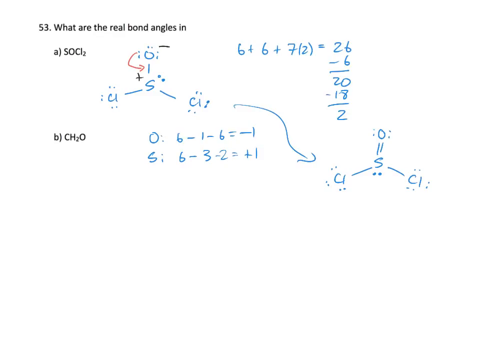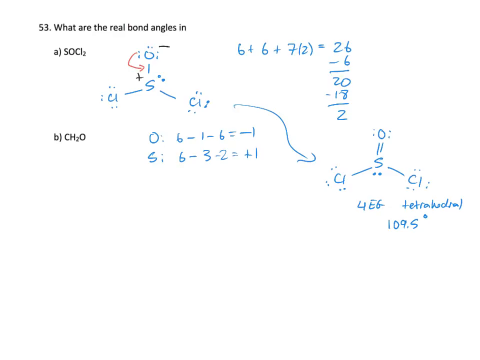So we have 4 electron groups here. This would have an electron group geometry that's tetrahedral, which has bond angles of 109.5 as the ideal angles. However, this is asking for the real bond angles, and we don't want an exact number when we ask for real bond angles.